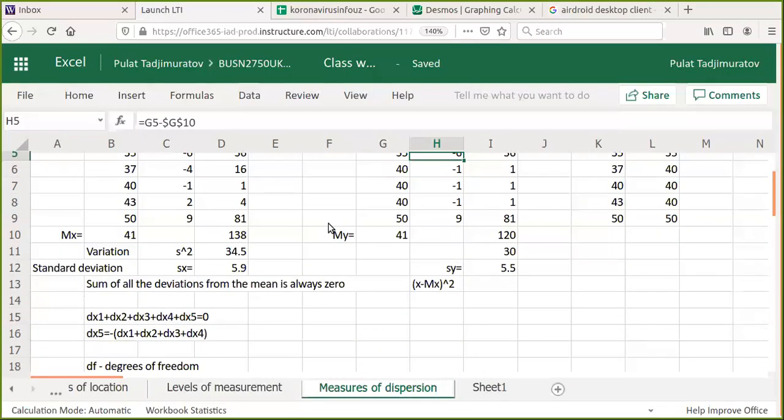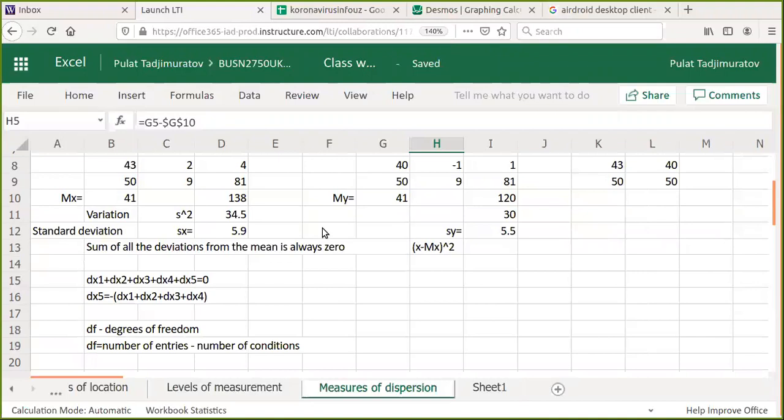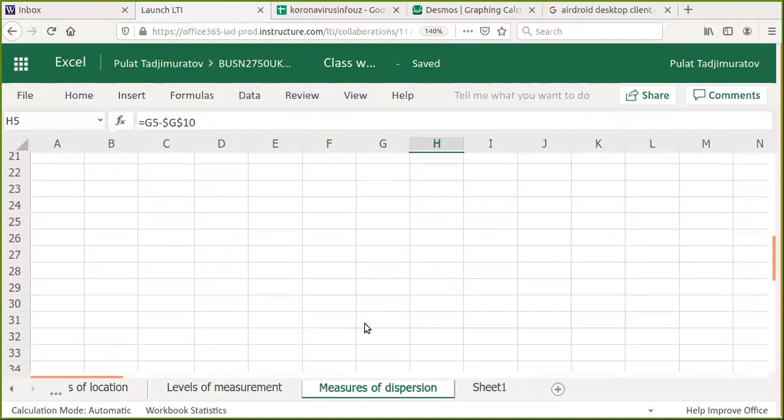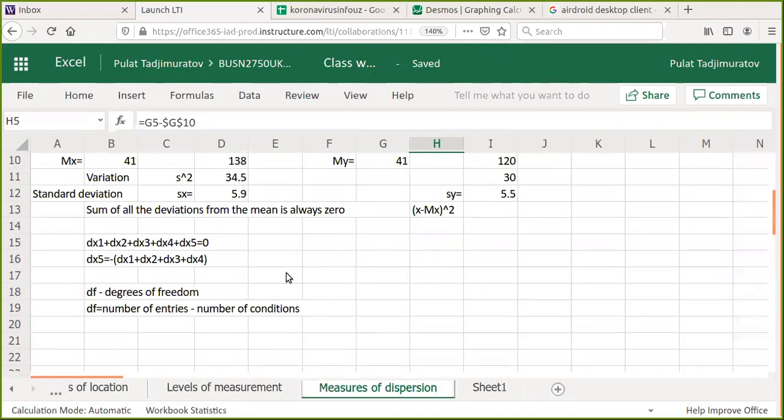Okay, what else? Ah, yeah. There is a thing called Chebyshev's theorem, but I think we will make a pause now for about 5 minutes.